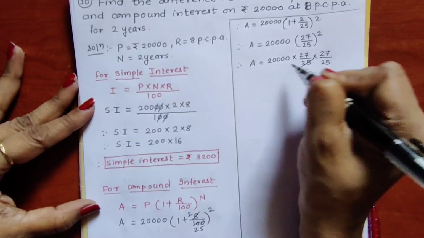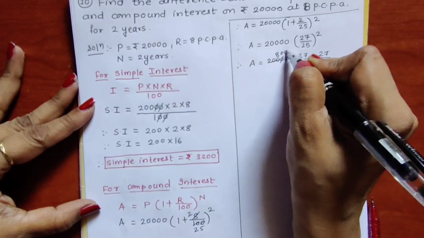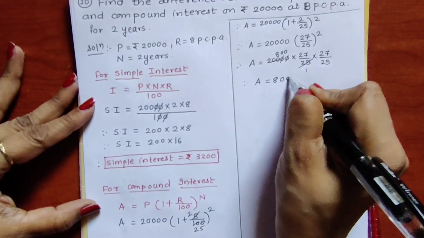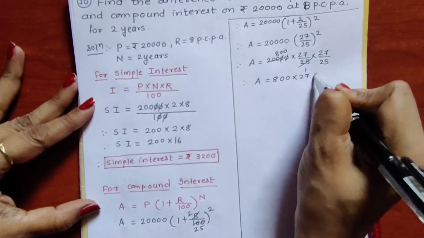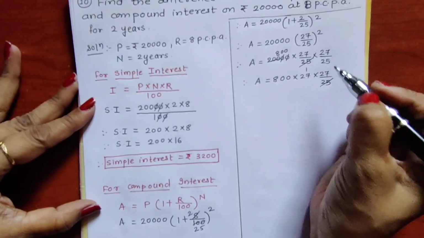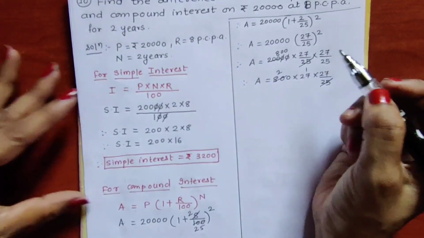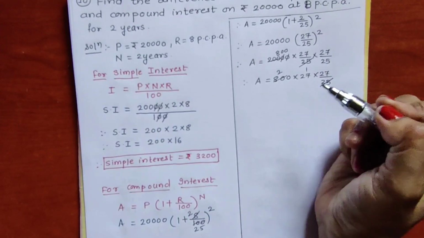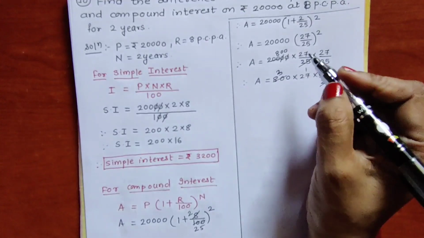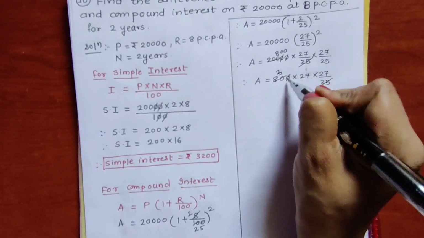So 25 ones are 25, 25 8s are 200. A is equal to 800 multiplied by 27 multiplied by 27 upon 25. Again cancel. 25 ones are 25, 25 twos are 50, 25 threes are 75. So 80 minus 75, 5 remaining. 25 twos are 50.